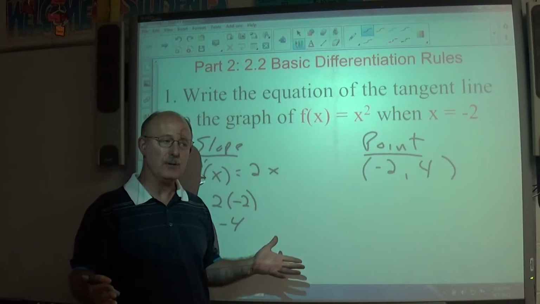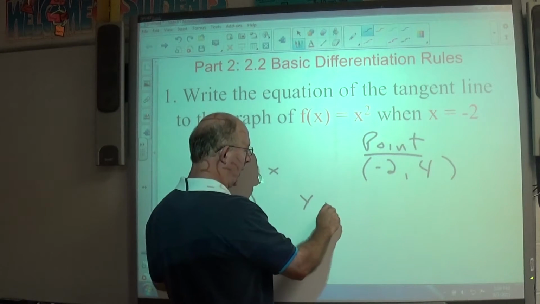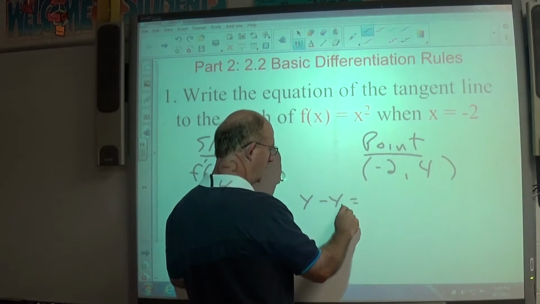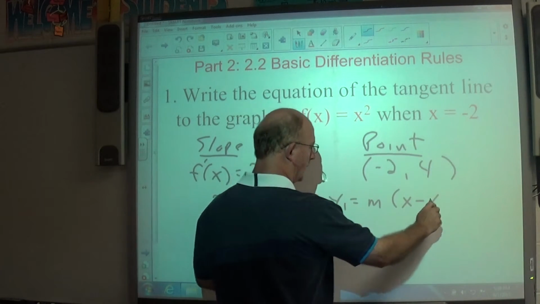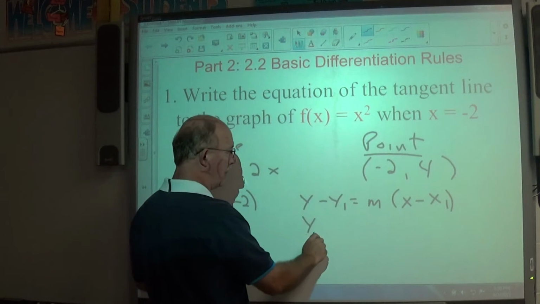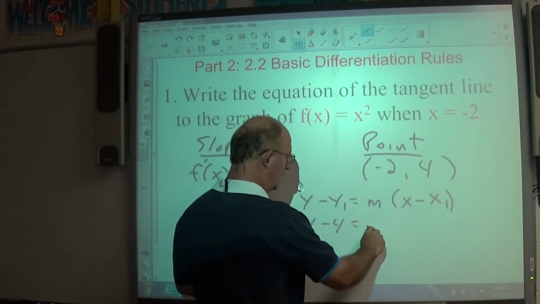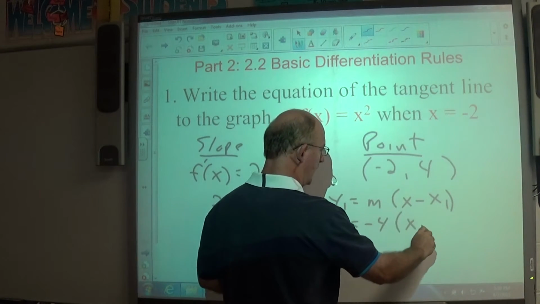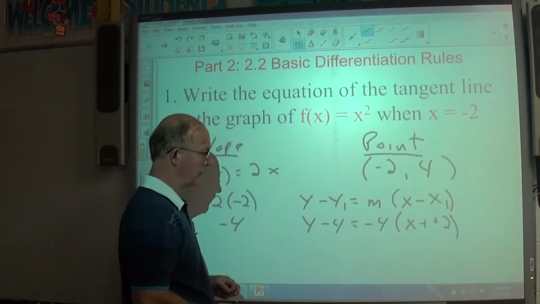Now, to write the equation, you can use the point-slope form. Remember the point-slope form? y minus y1 equals the slope times x minus x1. So using your point, this will be y minus 4 equals the slope, which is -4, times x minus -2. Minus a negative we change to plus a positive.